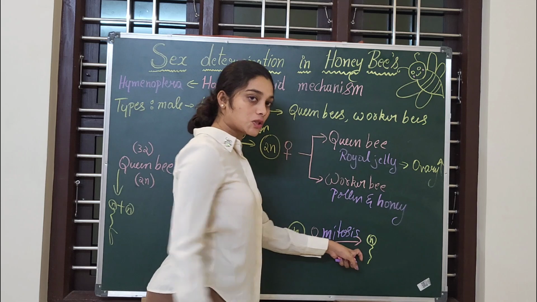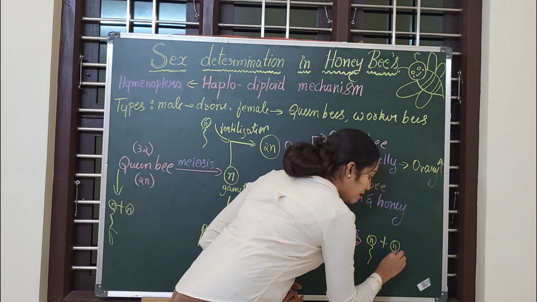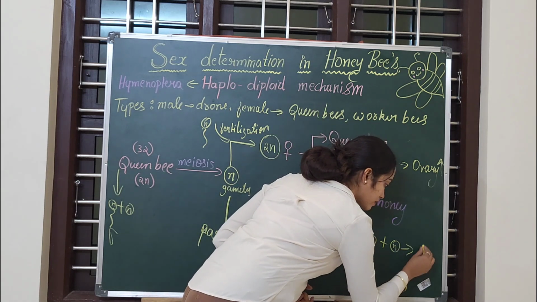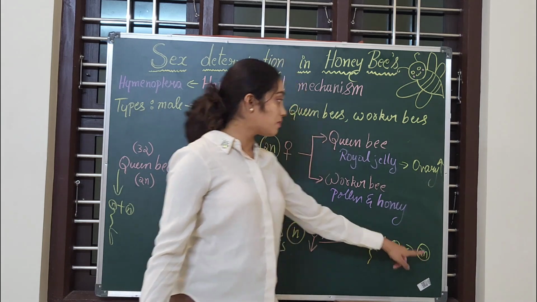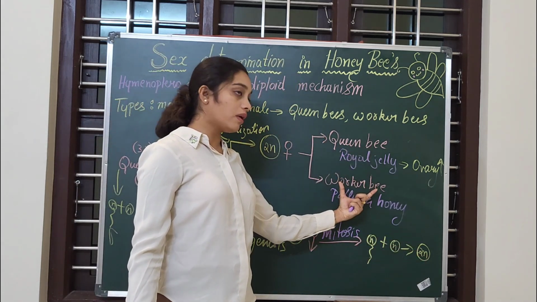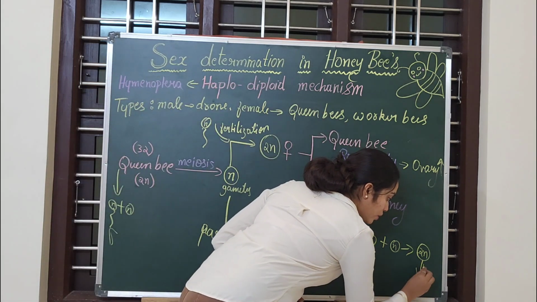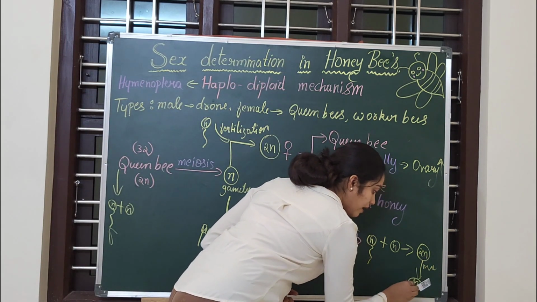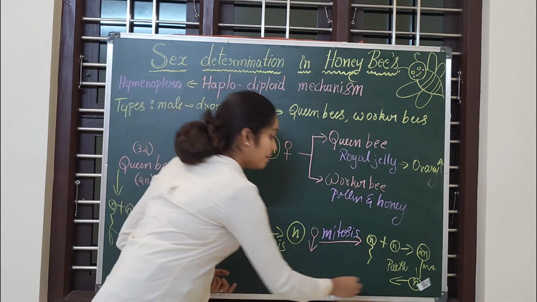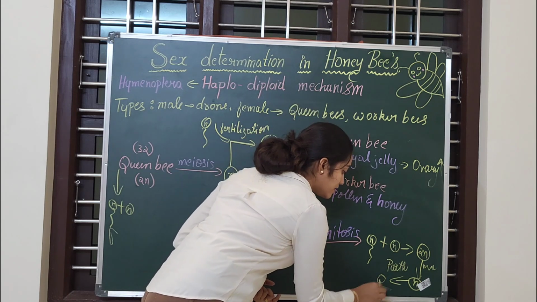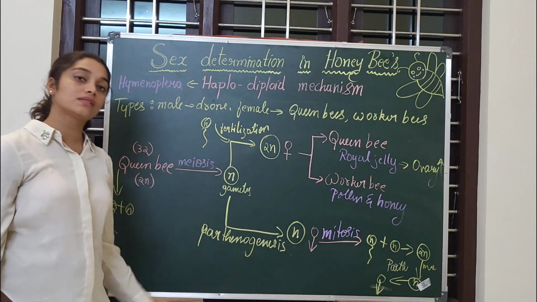If it produces a sperm and it goes and fertilizes any female, then it forms a female, and this female has an option either to form the queen bee or worker bee. Also, it can undergo the process of meiosis, and this directly goes into parthenogenesis, forming a male, and this will act as the grandson for this drone.